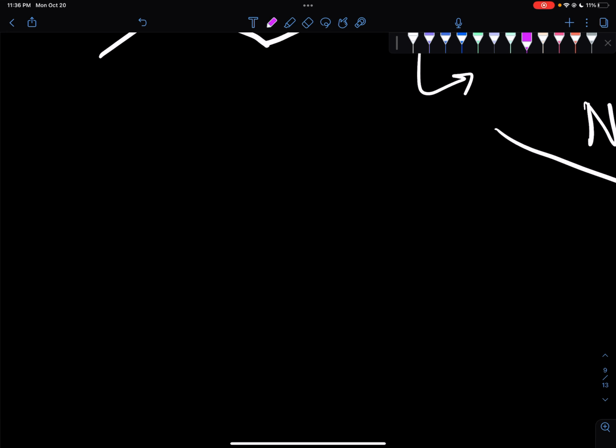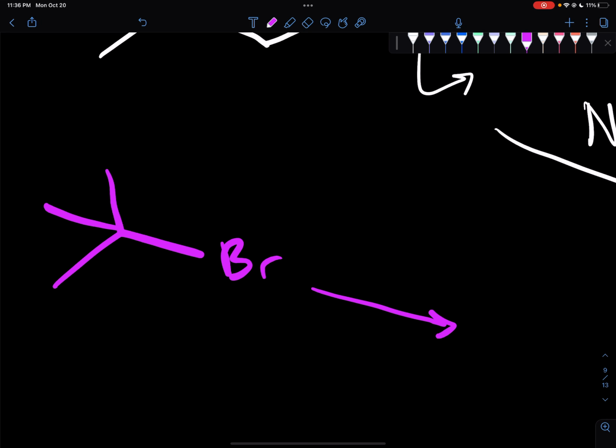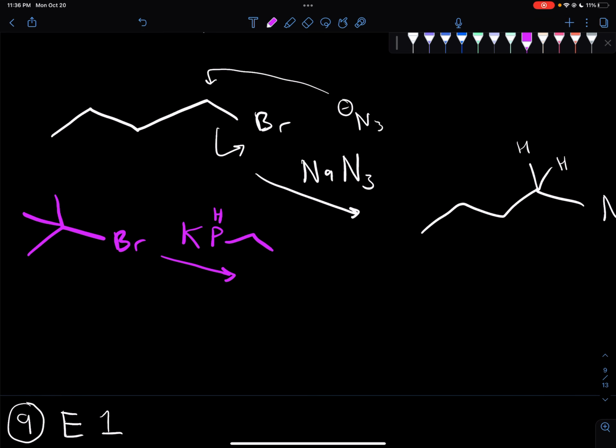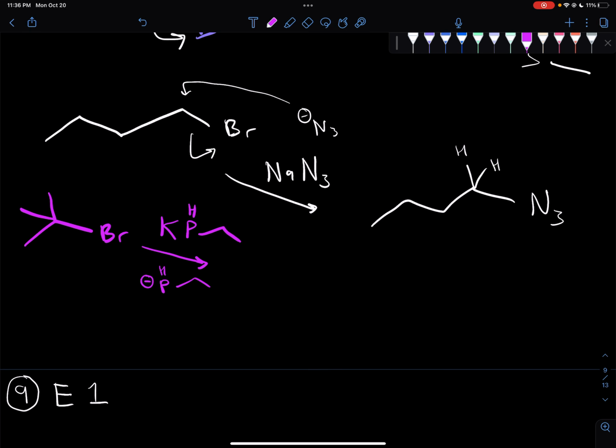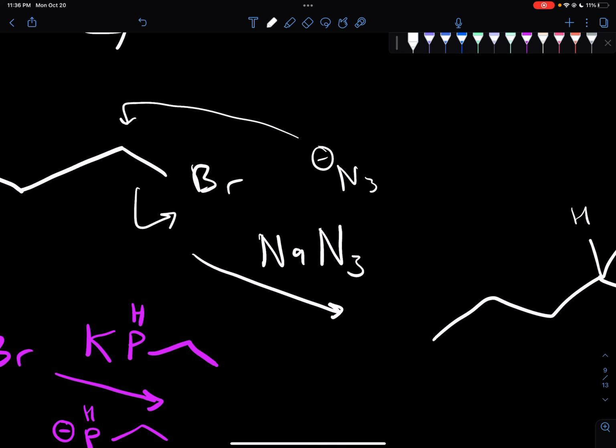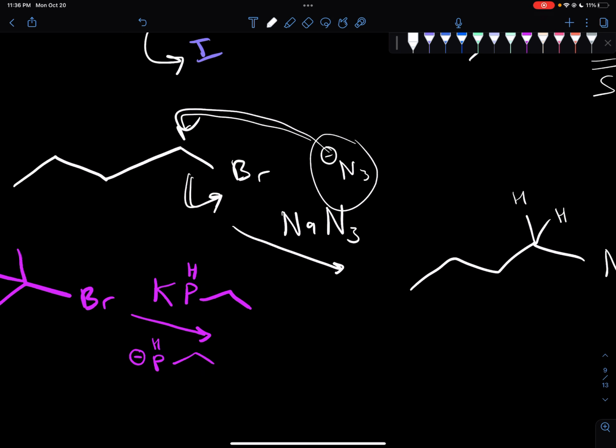Okay. What about this? So this is a strong nucleophile. It's a negative phosphorus, but you need to understand that SN2 hates steric hindrance because the nucleophile is attacking the carbon and kicking off the leaving group at the same time.